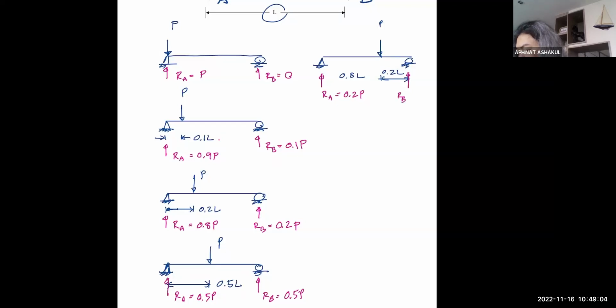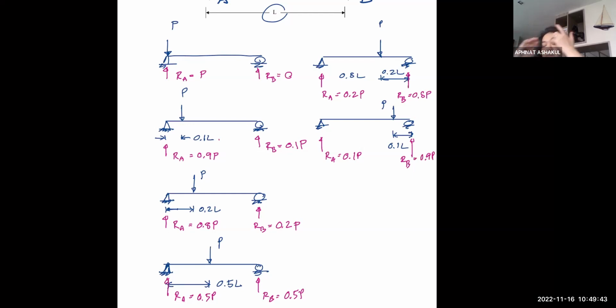RB is now approaching the full P. Because when I keep moving and P reaches this distance, which is only 0.1 L to the right support, you can guess that RA is down to just 0.1 P, and RB is now 0.9 P.